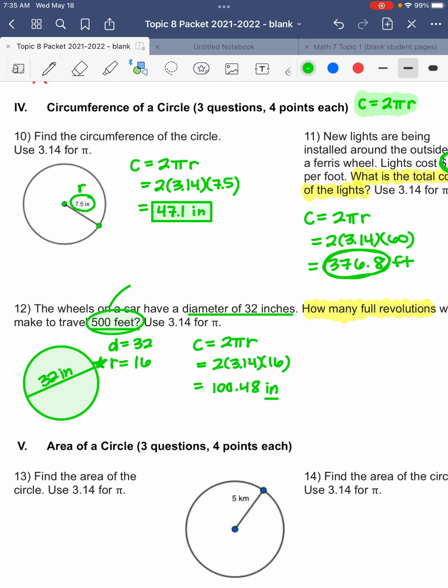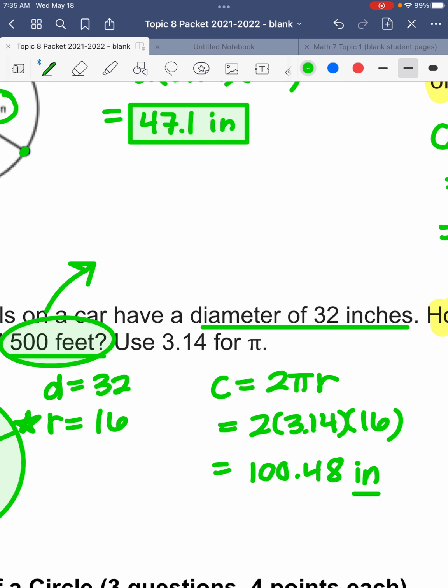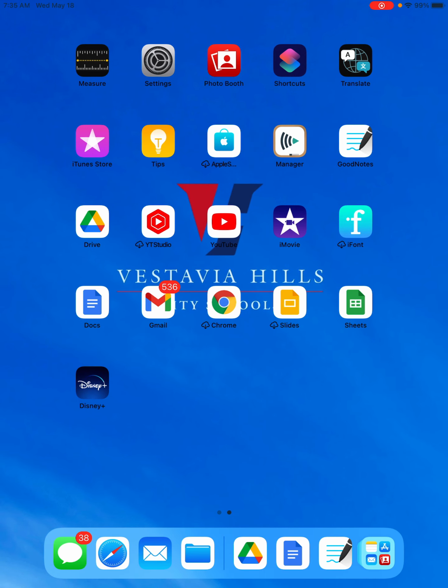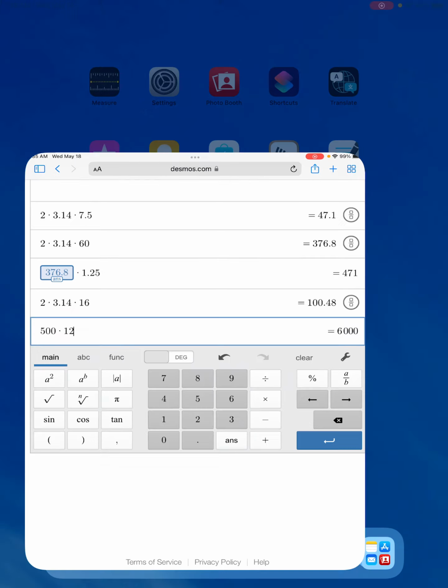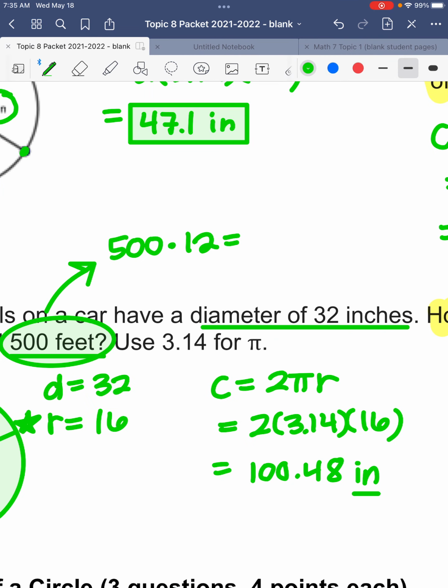Well, how do I do that? Well, I know that there are 12 inches in 1 foot. So I'm going to take that 500 and I'm going to multiply it times 12. Let's put that into our calculator and find out what that is. So 500 times 12, and I get 6,000. So I know that this is 6,000 inches.